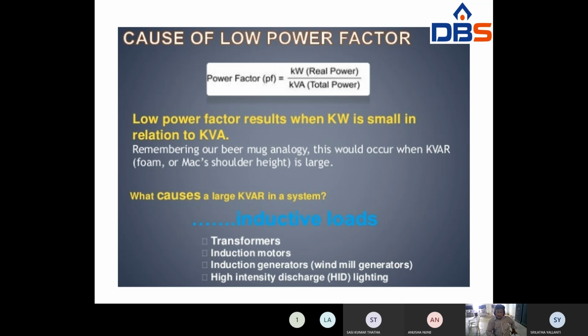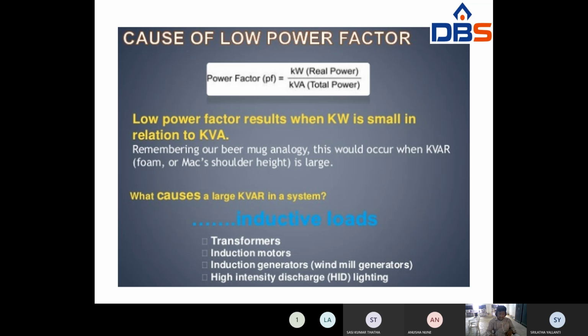So what are the causes of low power factor? Mainly, the motors utilized are all induction motors. That's why they are operated with low lagging power factor.